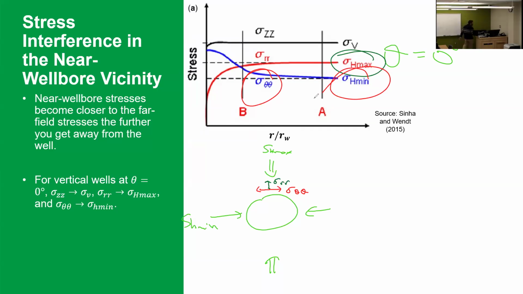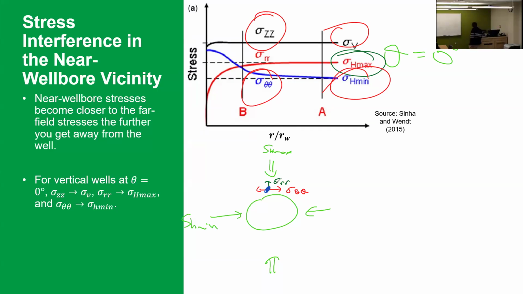And of course, sigma ZZ becomes sigma V, because that is parallel to the wellbore. That is at theta equals 0, where I'm looking at the well parallel to SH max on top of the hole, as I drew it here.